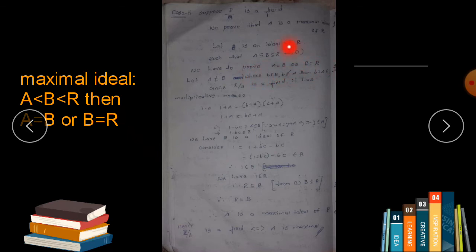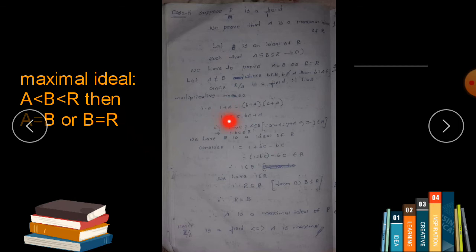Here we consider A ≠ B. Then some element belongs to B that does not belong to A. Then the element of R/A will be in the form b + A belonging to R/A. Since we took the condition A ≠ B, we must prove B = R. Since R/A is a field, it has a multiplicative inverse.